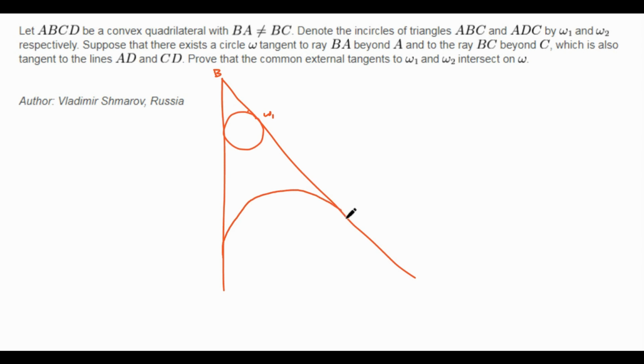This is omega. And let's see, ABCD. We need an A and a C. Here's A, here's C. Tangents. Here's D. And that means this here is omega 2. Okay, so that is our diagram here.